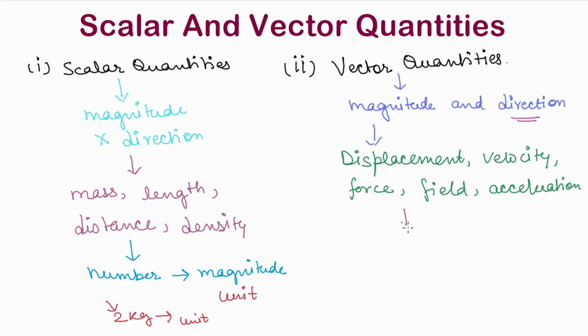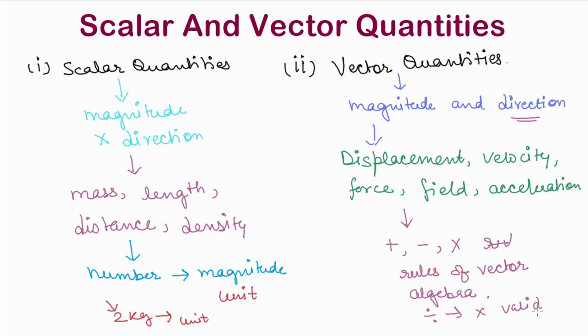So vectors are added, subtracted, multiplied according to rules of vector algebra. Also, it must be noted that division of a vector by another vector is not a valid operation in vector algebra.